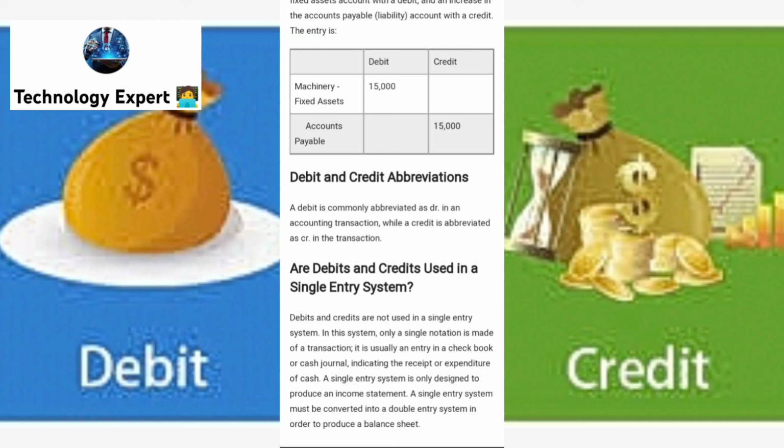It is usually an entry in a checkbook or cash journal, which indicates the receipt or expenditure of cash. A single entry system is only designed to produce an income statement. A single entry system must be converted into a double entry system in order to produce a balance sheet.